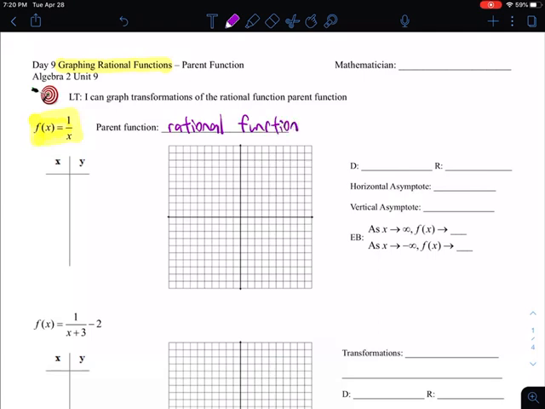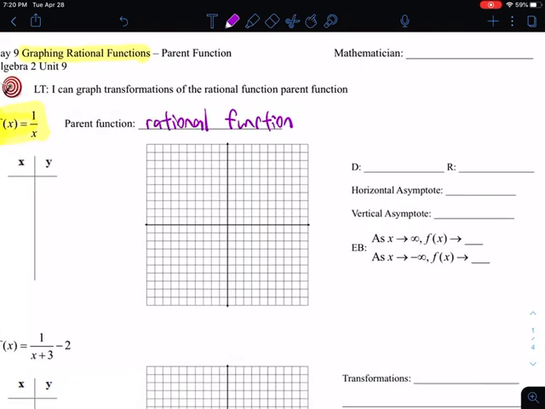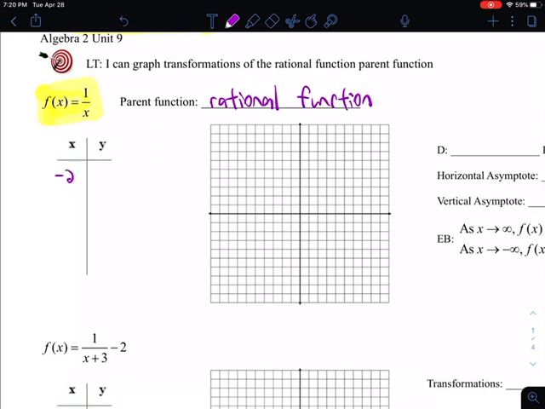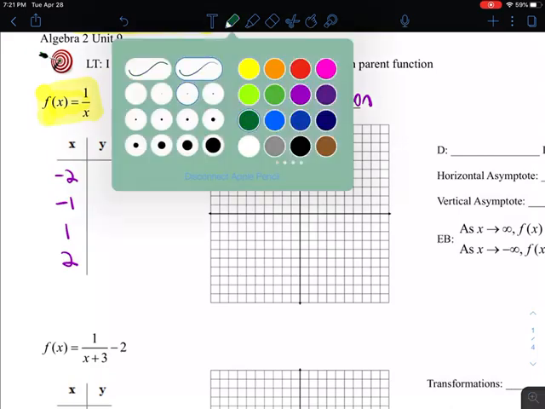As with all families of functions, we have our transformation table, and our starting x values in this case are -2, -1, 1, and 2. You might be wondering, why do we not use 0? I think the answer to that will be pretty obvious in a second. So those are our x values.